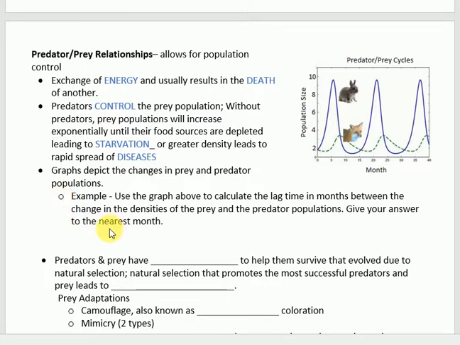It's a very simple question, but because no numbers are given and no formula, a lot of students had difficulty with this on the AP exam. It says use the graph above to calculate the lag time in months between the change in the densities of the prey and the predator population. Give your answer to the nearest month. So essentially what it's saying is just find the difference.